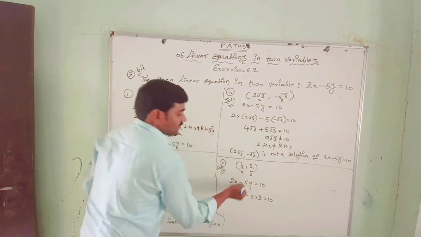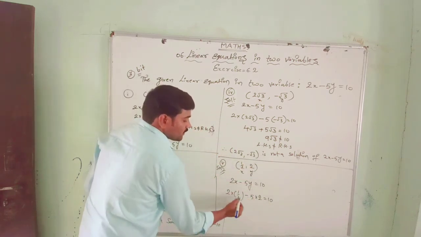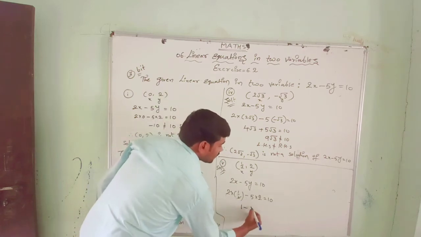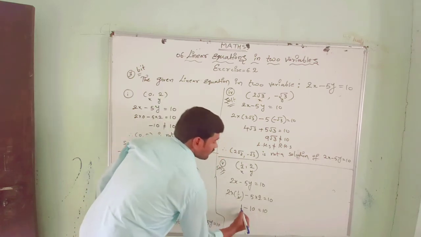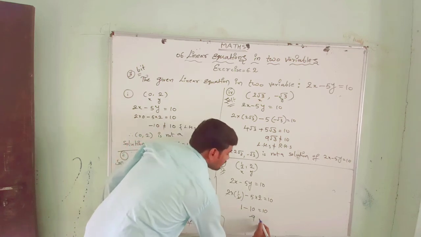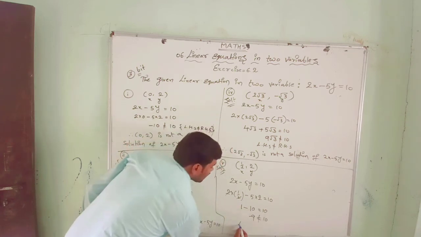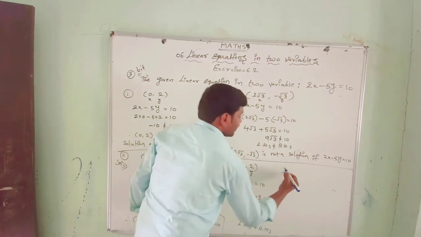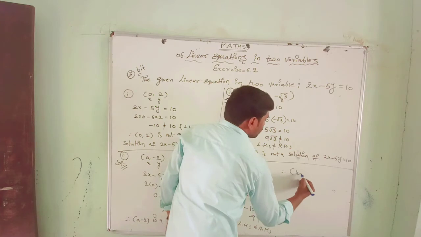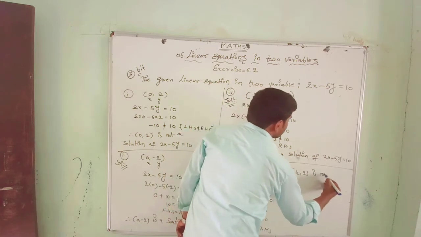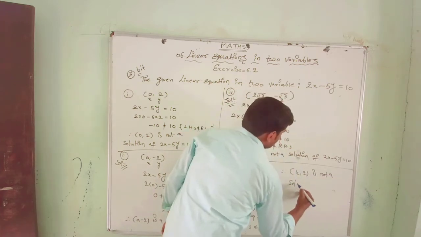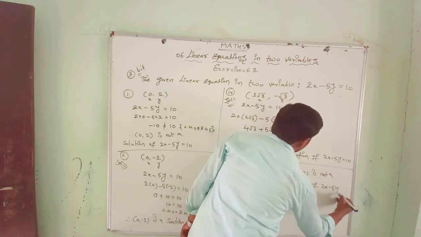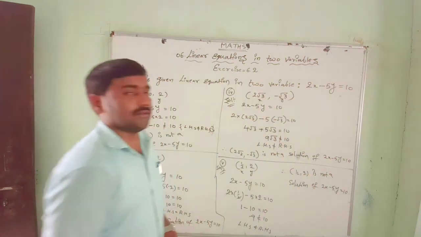The 2s get cancelled, only 1 is left, minus 5 into 2 is 10. 1 minus 10 is minus 9. Minus 9 is not equal to 10. Therefore, LHS is not equal to RHS. Hence, (1 by 2, 2) is not a solution of 2x minus 5y equal to 10.